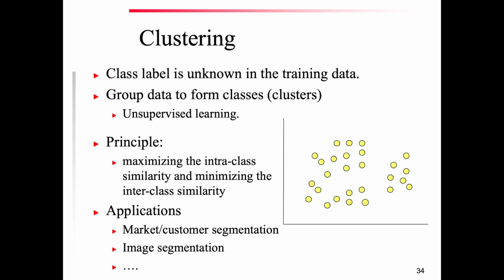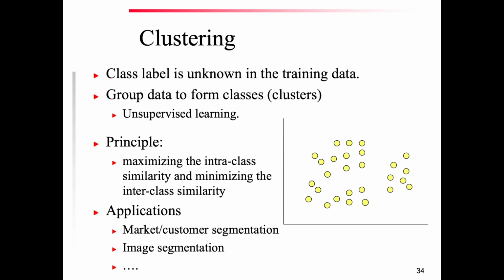One main principle for clustering is that you want to minimize inter-class similarity and maximize intra-class similarity. So for example, if this is your data, let's say I'm clustering them into these 3 clusters.